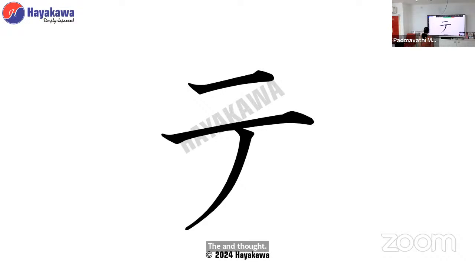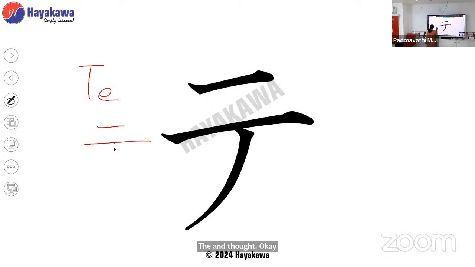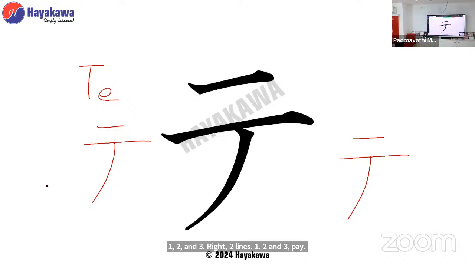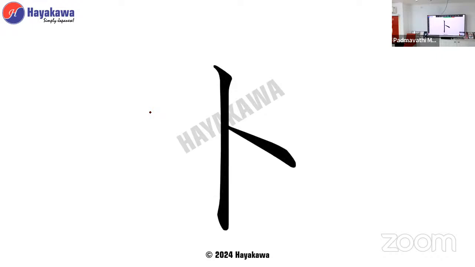So te: 1, 2, and 3, two lines. Finally, to.